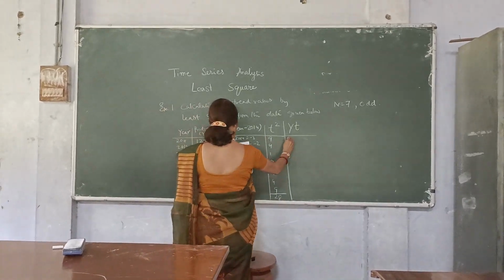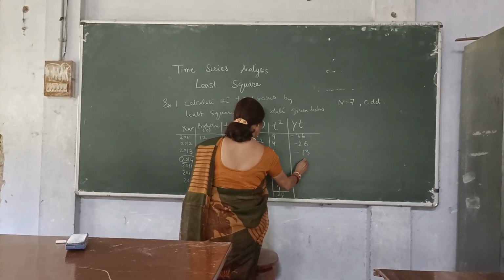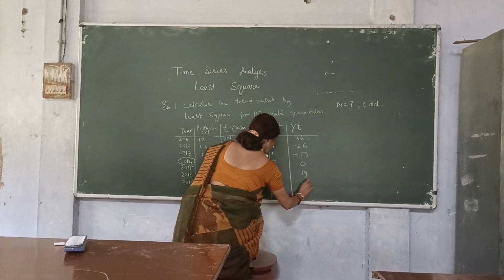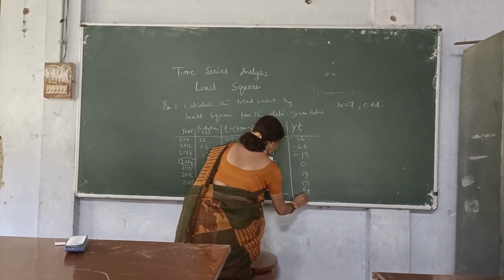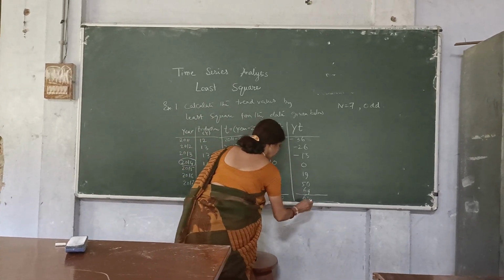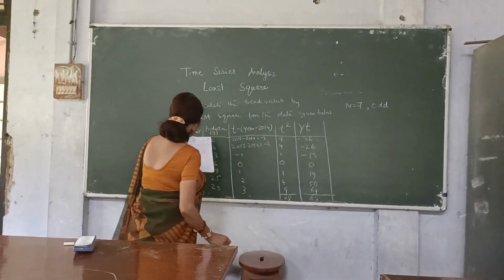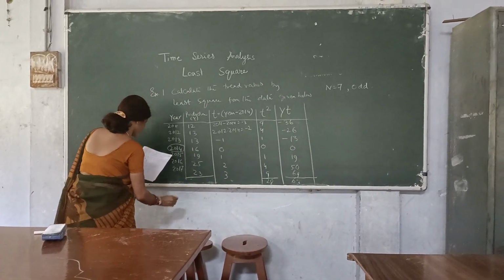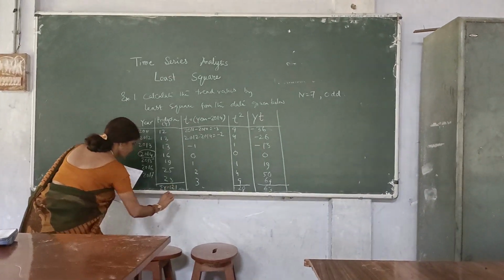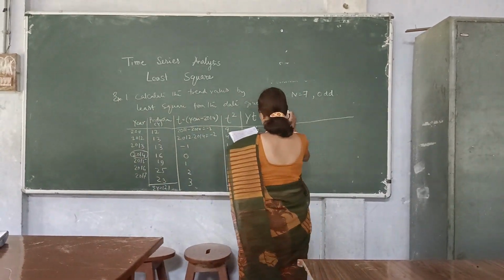So it is -36, -26, -13, 0, 19, 50, 69. So again you sum up, summation of yt is 63. Another option here, you have to sum up these y values. So it will be 121, summation of y equal to 121. So that way you can calculate the trend values.